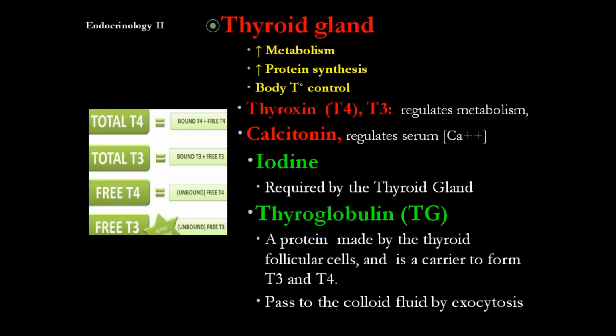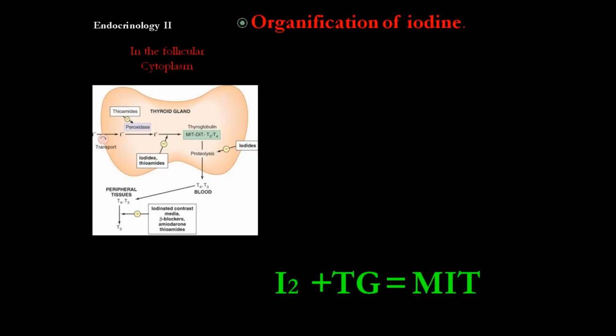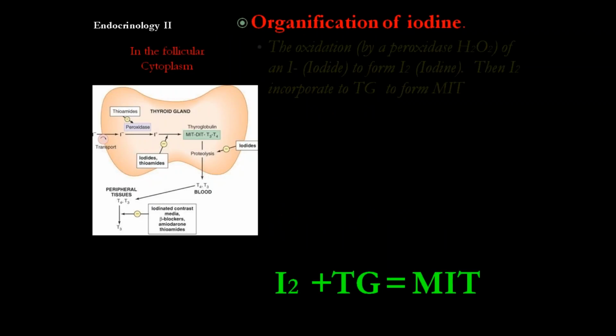We have iodine and iodide. This iodine is the one that is going to link with the thyroglobulin in order to produce the MIT, as we are going to see in the next slides. First of all, there is an organification of the iodine.